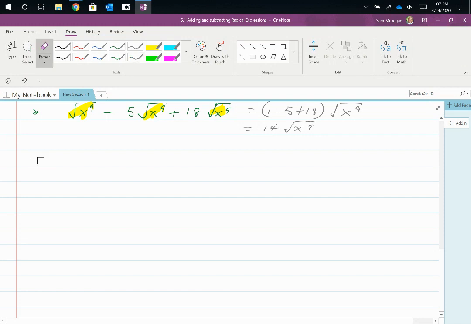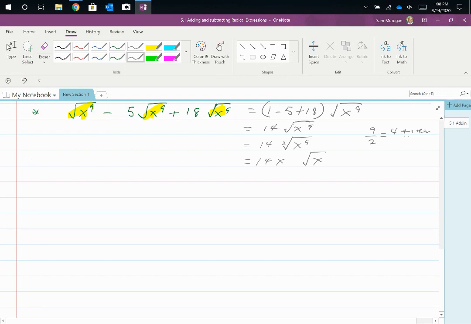Now, one mistake here is to think that this problem is done, but we have to simplify the square root of x to the power 9. So this is 14 square root of x to the power 9. So remember how we do this. 9 divided by 2 is 4 plus 1 remainder.